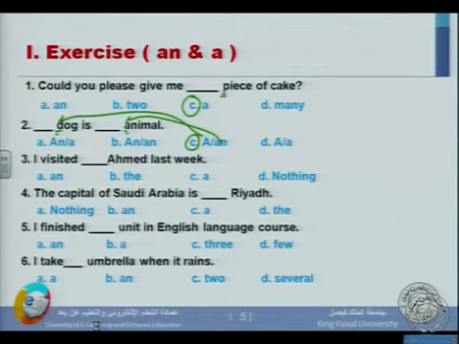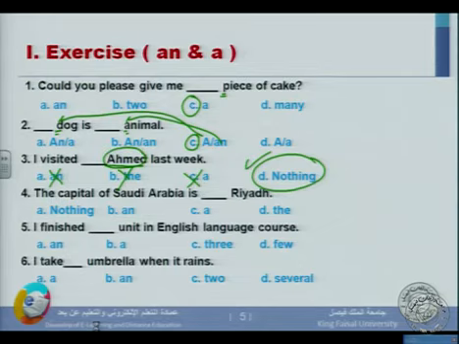Number 3: I visited Ahmed last week. Ahmed is a proper noun. We can't use an, we can't use the, we can't use a. So it is nothing. This is the correct answer. Why? Because Ahmed is a proper noun, يعني اسم علم.